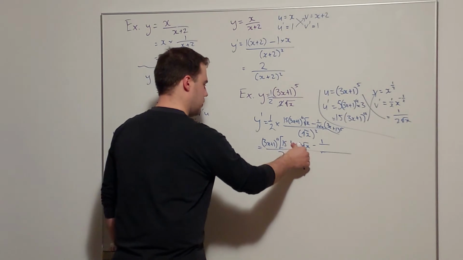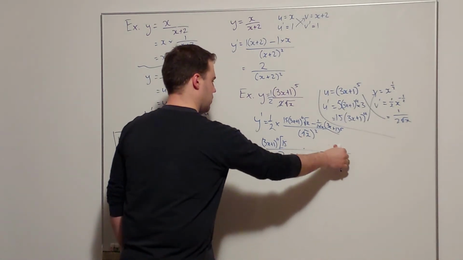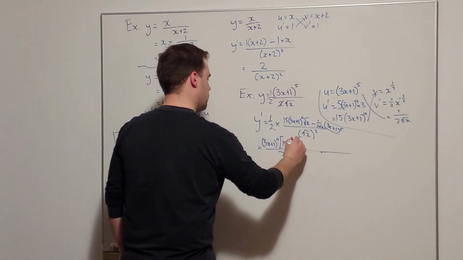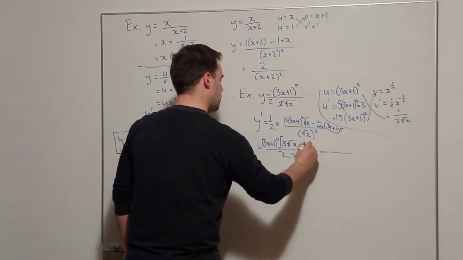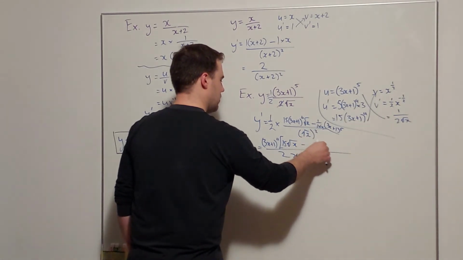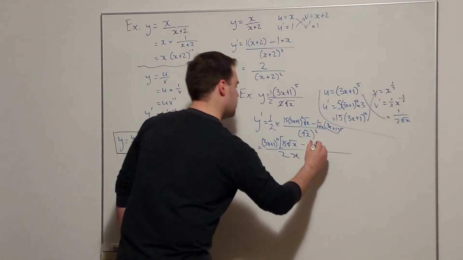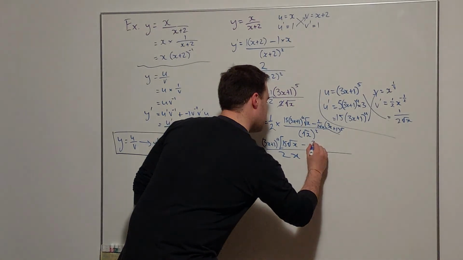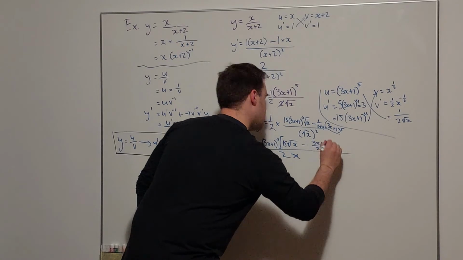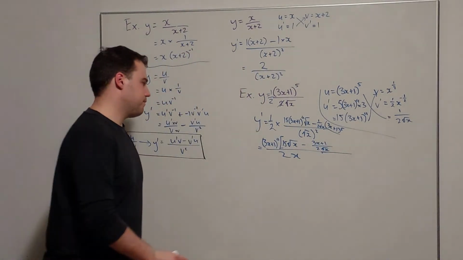Ugh. High quality content over here. 15 root x minus 1 on, if it's 1 on 2 root x, the other 3x plus 1 on 2 root x.